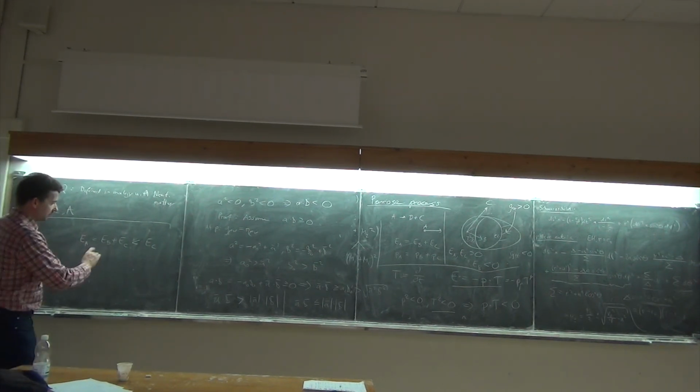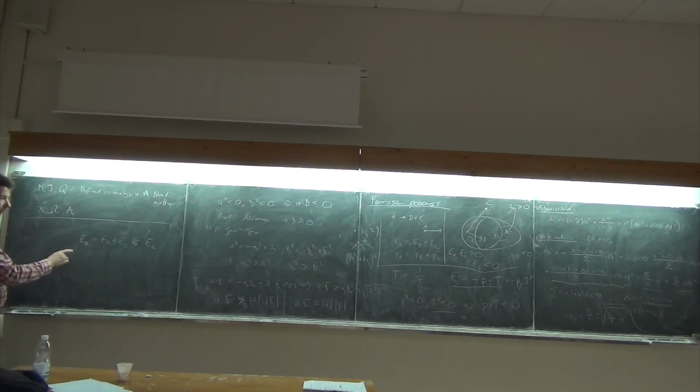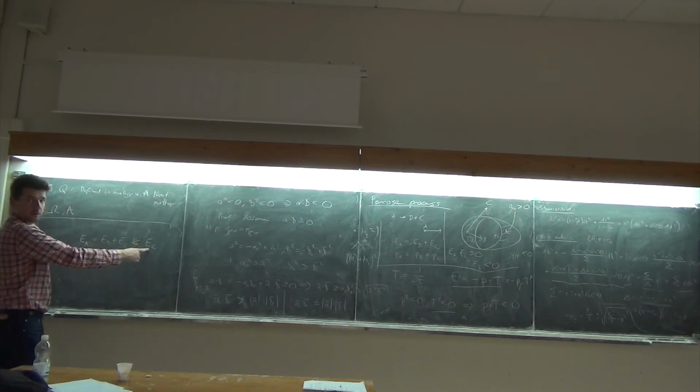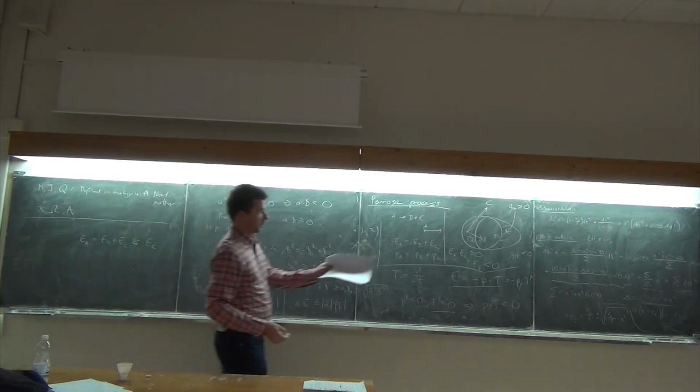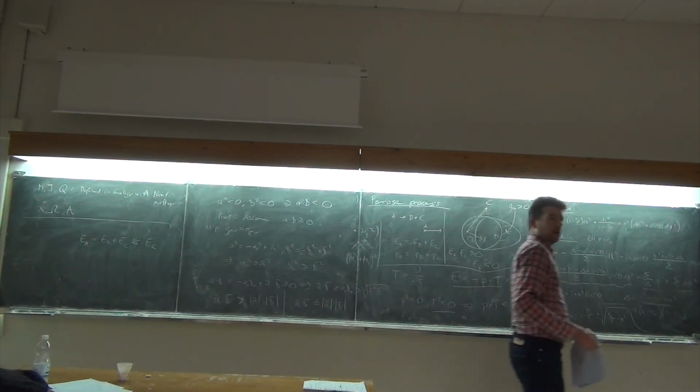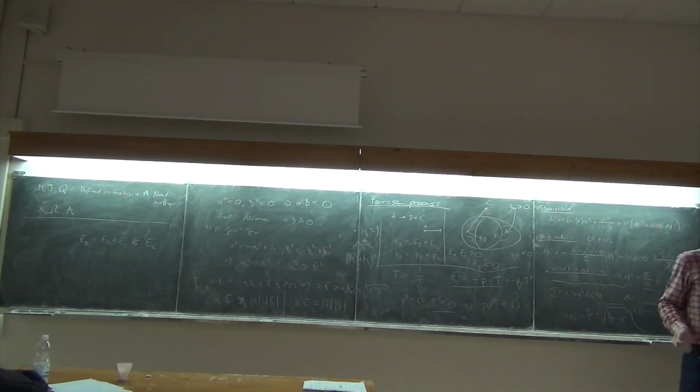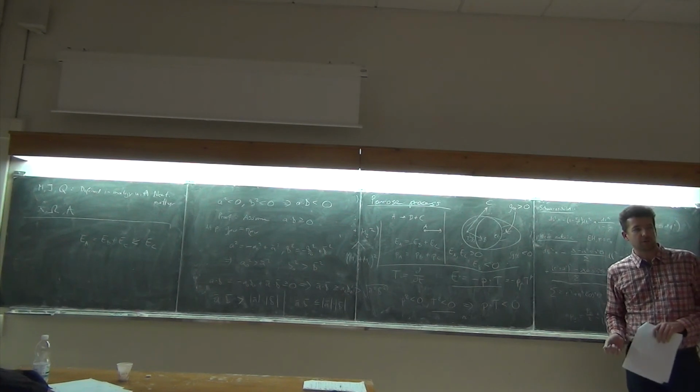So that means that you get more energy than you started with. And there's only one place this energy can come from, and that is from the black hole. So you have extracted some energy out of the black hole in this process.